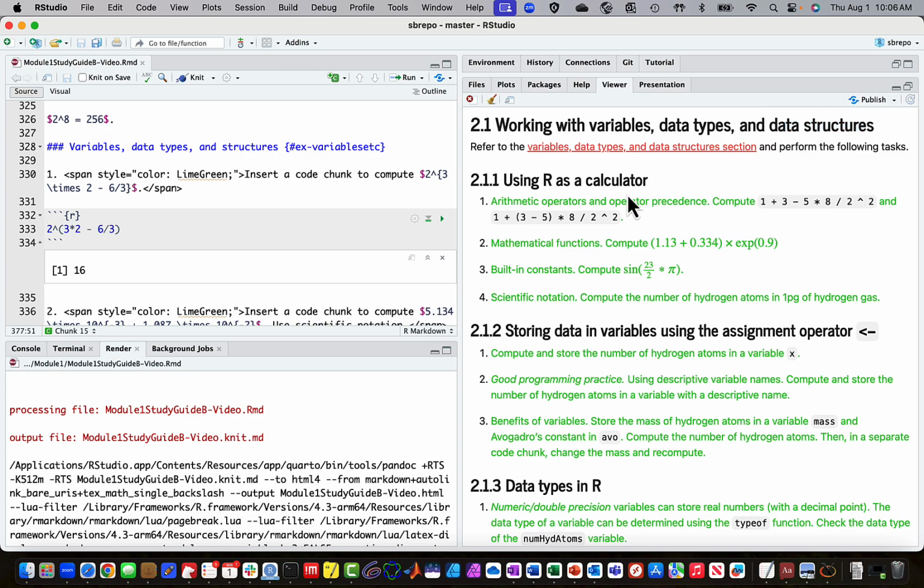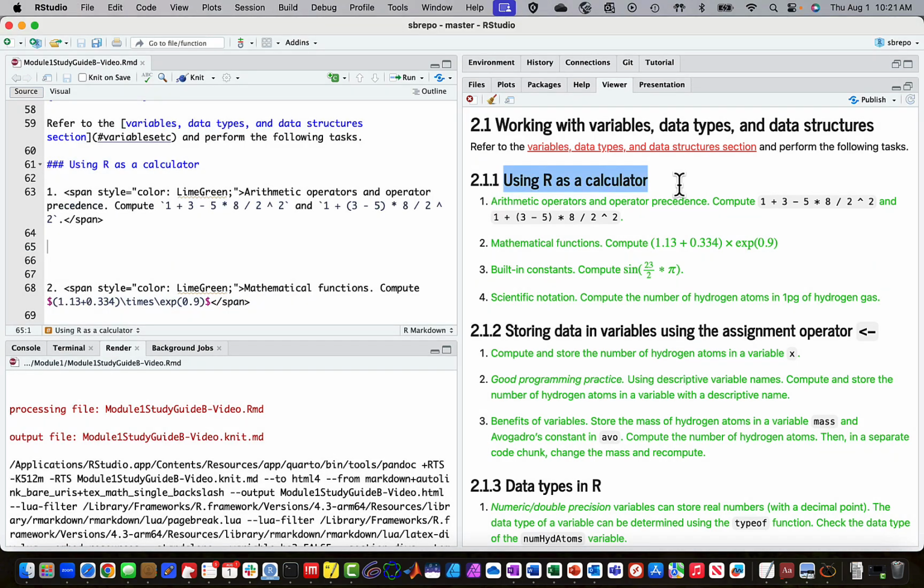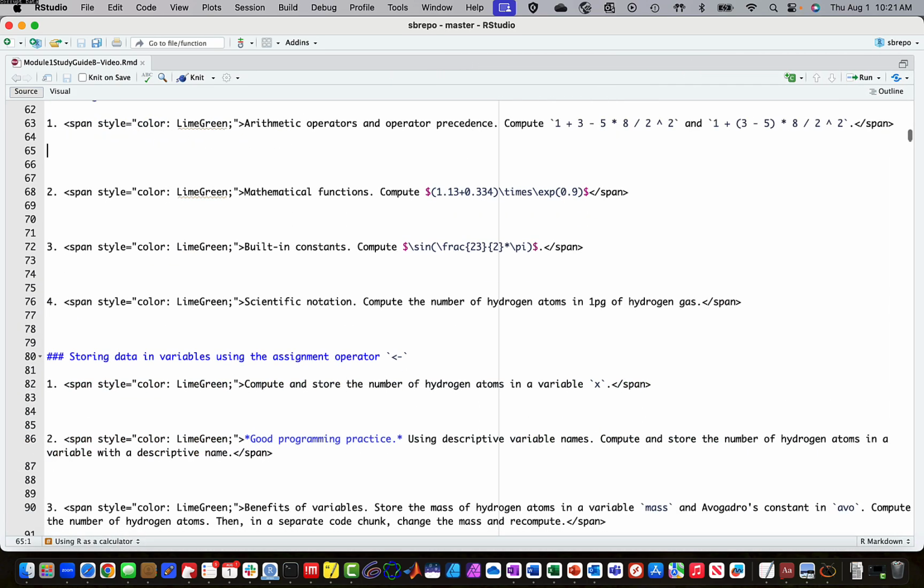The simplest thing we can do is use R as a calculator. For example, one may want to evaluate this expression and compute its value.